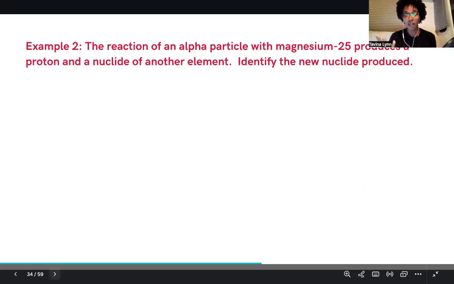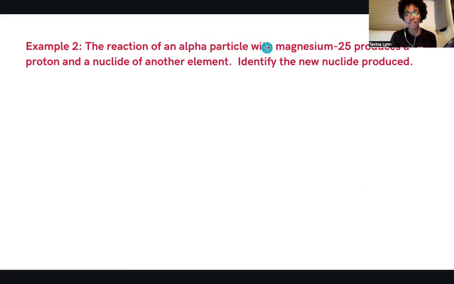So we're writing a nuclear reaction, and the reactant is an alpha particle plus magnesium 25. Produces means it's going to be a product, a proton, and a nuclide of another element. So we're like, okay, what is that other element?